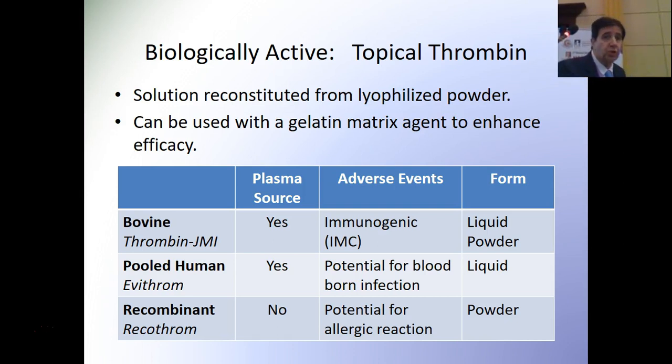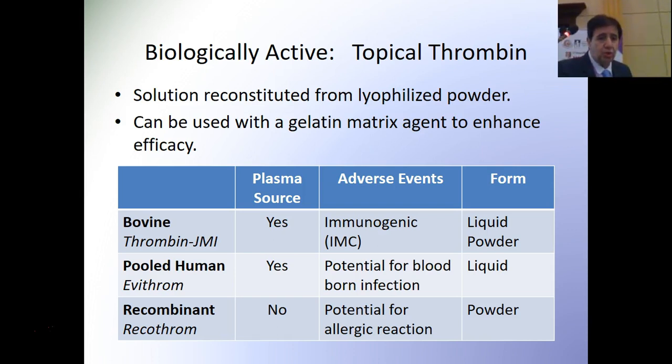It's a solution reconstituted from lyophilized powder. As I said previously, it can be used on a gelatin matrix like the Gelfoam, and once applied over the Gelfoam, it has been shown to be more effective at controlling bleeding.